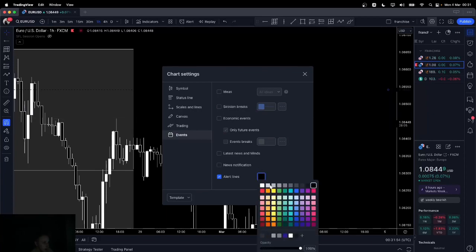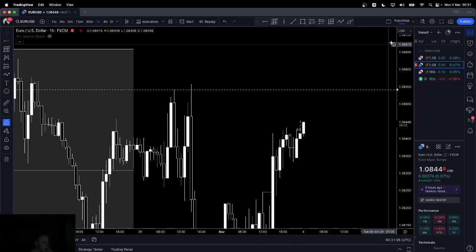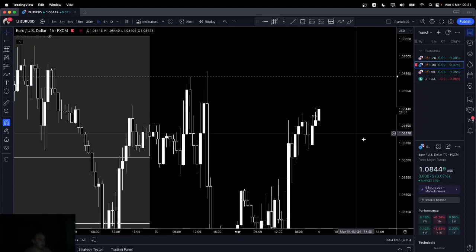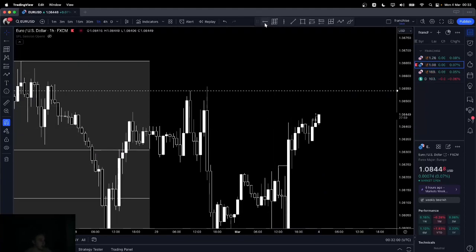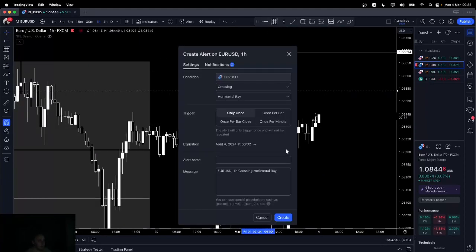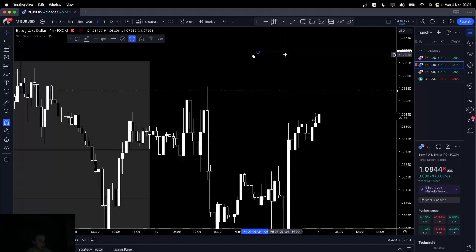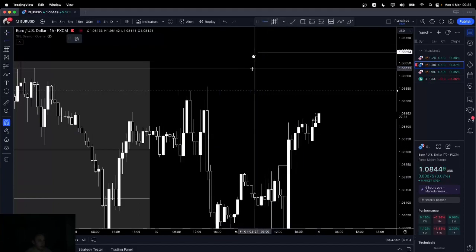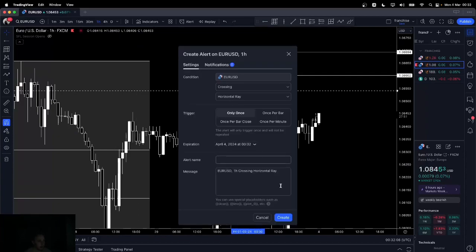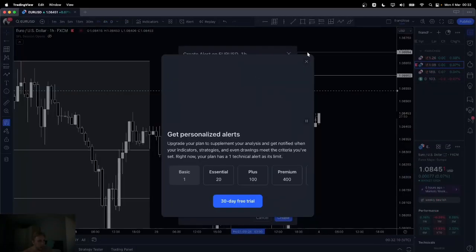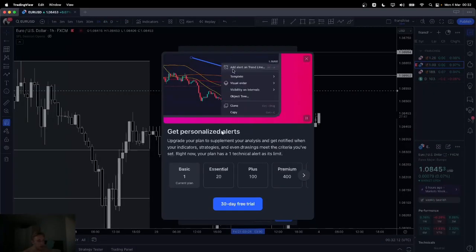There we go. It's better. But yeah, another thing if you didn't know, obviously you can make alerts with that. You can only make one. If you try and make another one, it comes up with this. Personalised alerts, that's what it is.